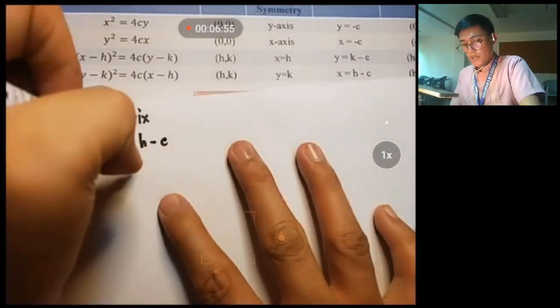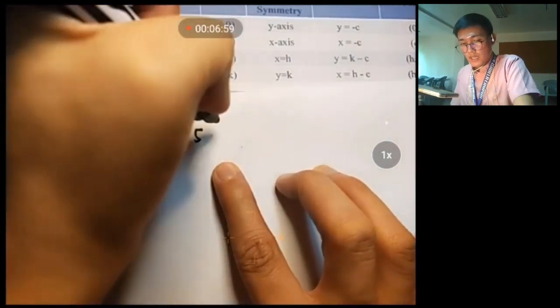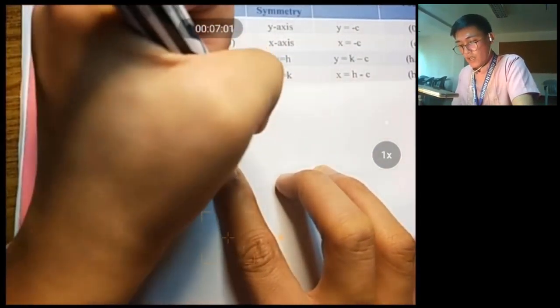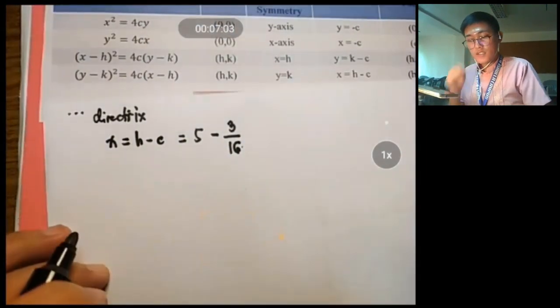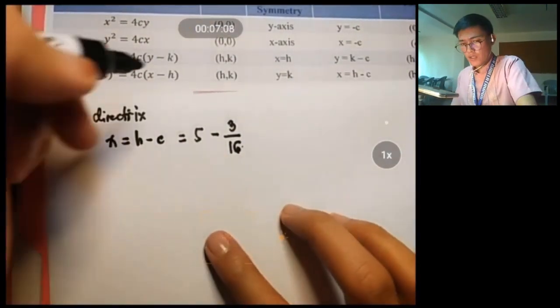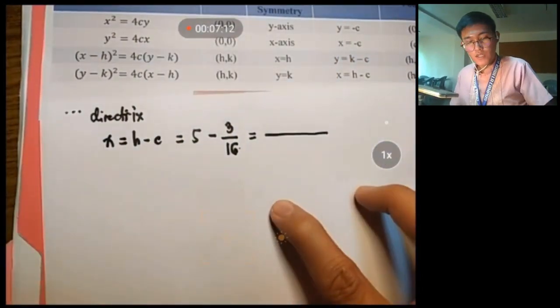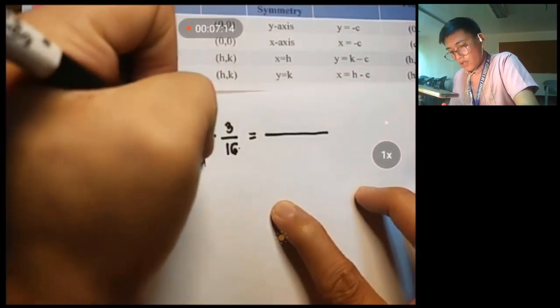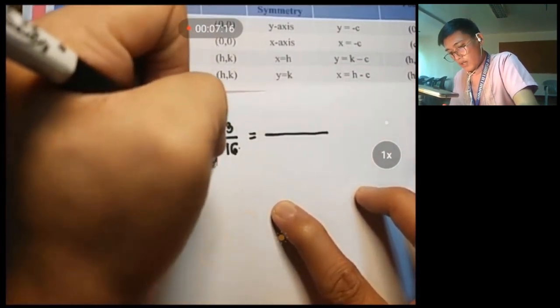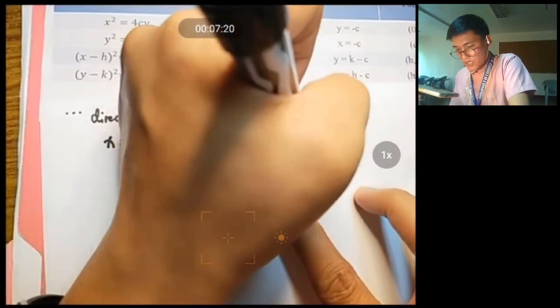Now, 5 less 3 over 16. You just subtract a fraction from a whole number, by the way. How are we going to do that? Get the LCD, of course, or the least common denominator. The least common denominator is 16.